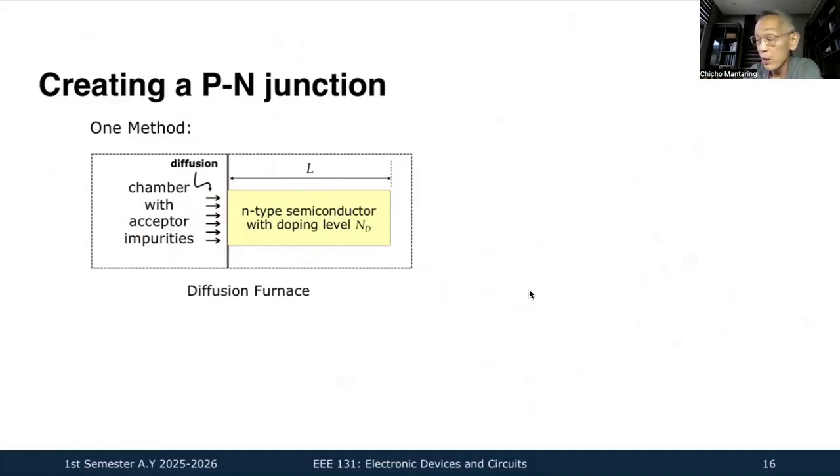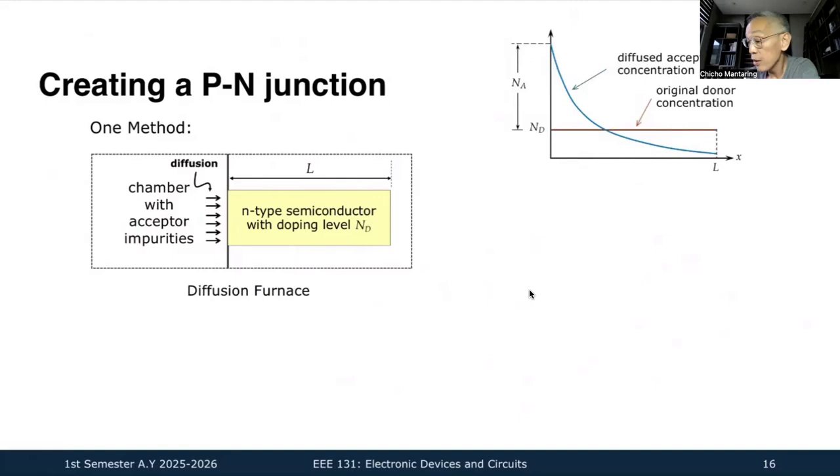So this might be how your impurity concentration will look like after a while. This is your original concentration, N sub D. That is your original concentration.